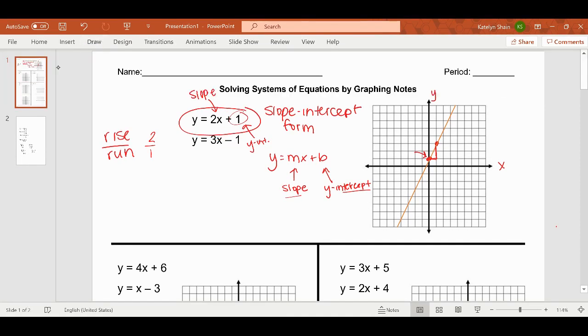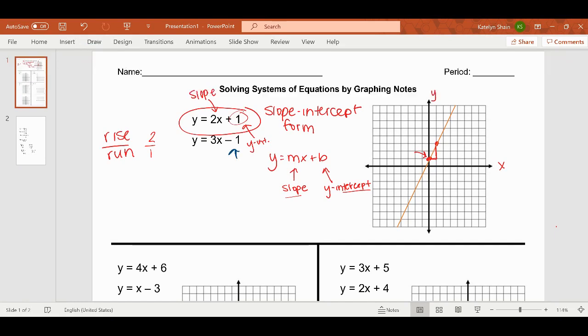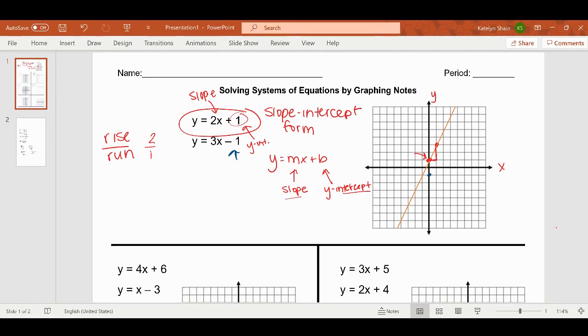Now let's look at this second equation. Again, I have a y-intercept, but this time it's -1. So on my y-axis, I'm going to go to -1 because I know that this line crosses the y-axis at that point. Now my growth is 3 for this line, so every time I go over 1, I'm going up 3.